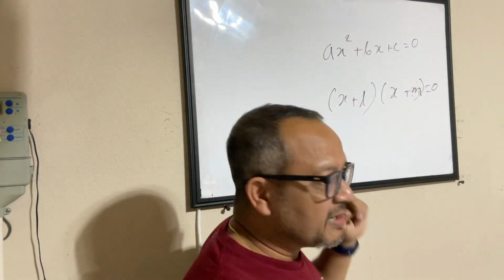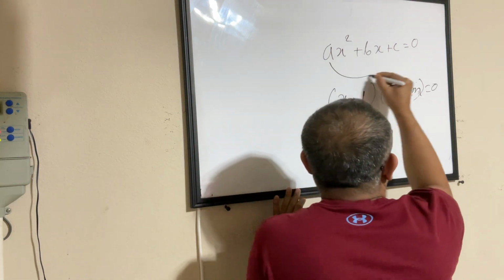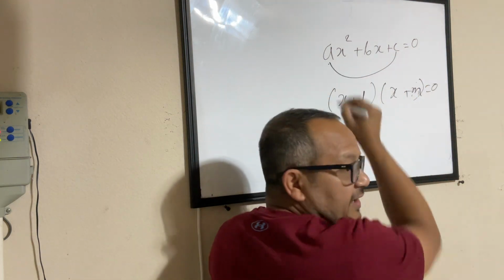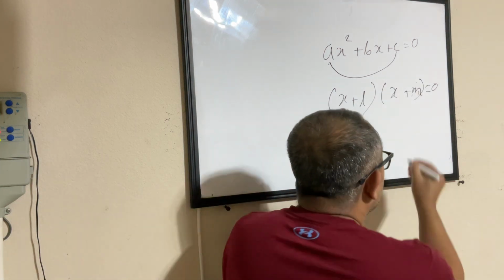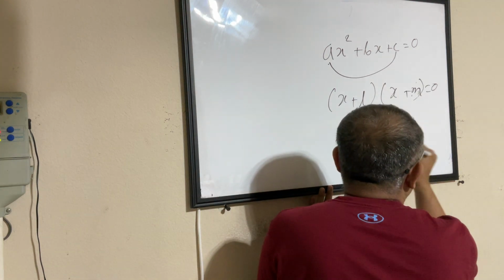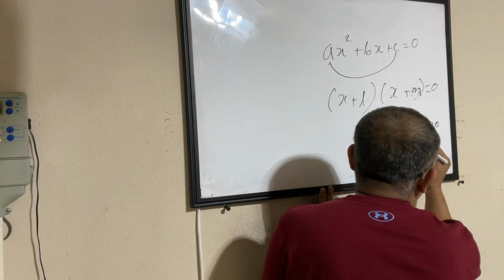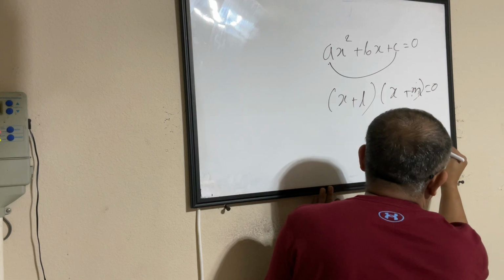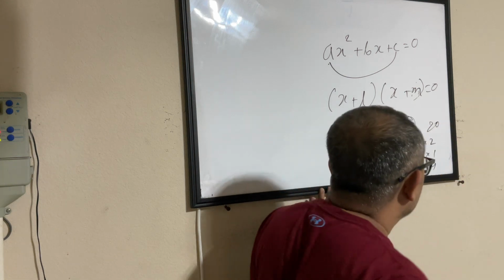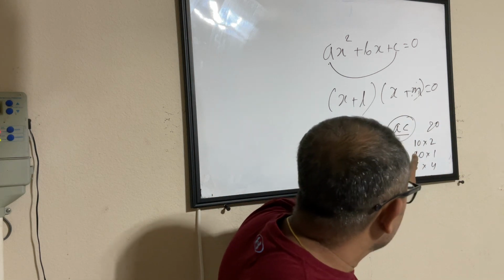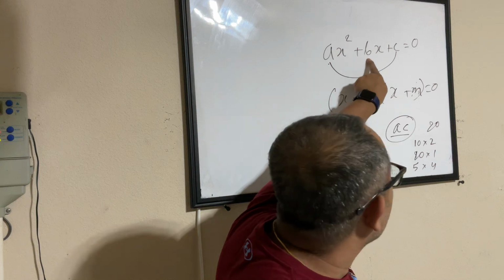Or the other method that we learned was to multiply a and c, bring the coefficient of x squared and this constant, multiply these two. Whatever you get, a times c. Now, let's say you got 20, then what you do is, fine, I can get 20 by 10 into 2, 20 into 1, 5 into 4, and that's it. And then you look at this combination, by adding or subtracting, how do I get b?